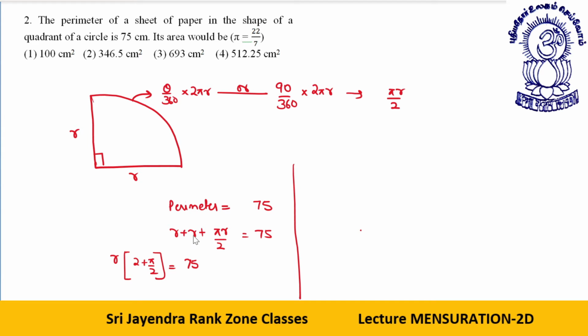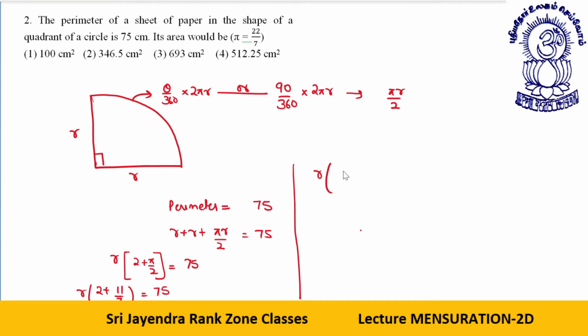So far clear? So here I can say this becomes r into 2 plus 11 by 7, getting it, dear students, equal to 75. Does it make sense? Why? 22 by 7 divided by 2 is 11 by 7. So far clear? Okay, next thing.